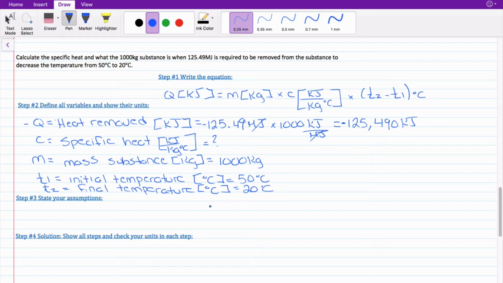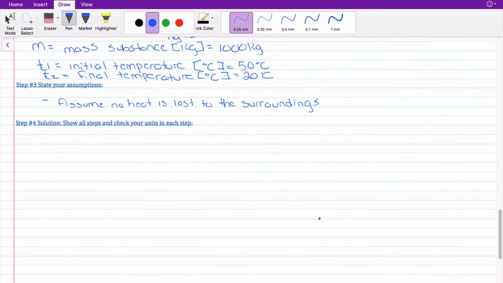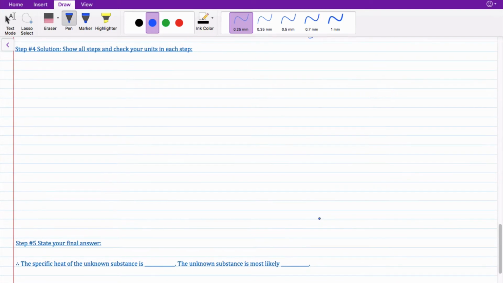So, step number 3, state your assumptions. We'll assume that when the heat's being removed, none of it's lost to the surroundings. Step number 4 is your solution.